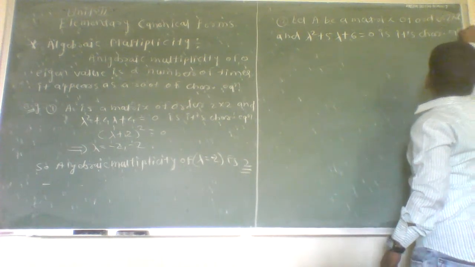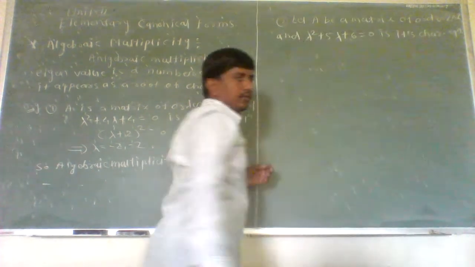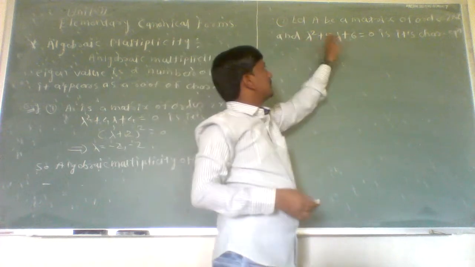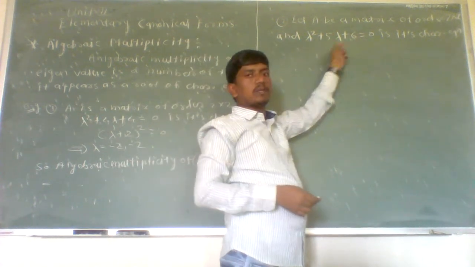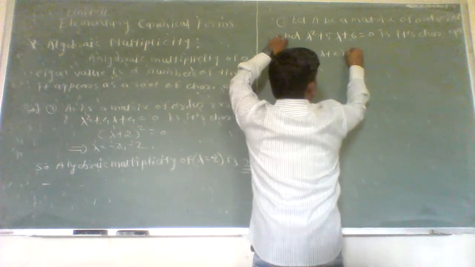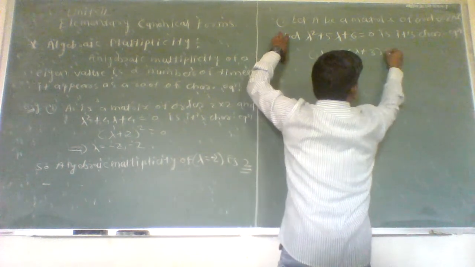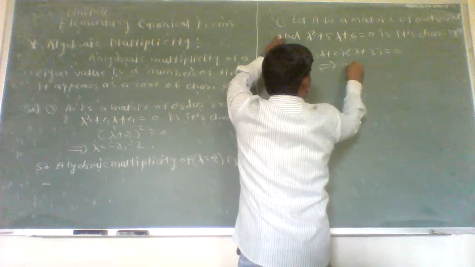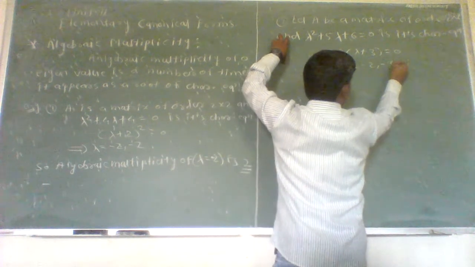Now we have to find out the roots of that given equation. Plus 3 plus 2 is nothing but plus 5, and plus 3 into plus 2 is nothing but 6. So it is actually nothing but (lambda plus 2) into (lambda plus 3) equal to 0.